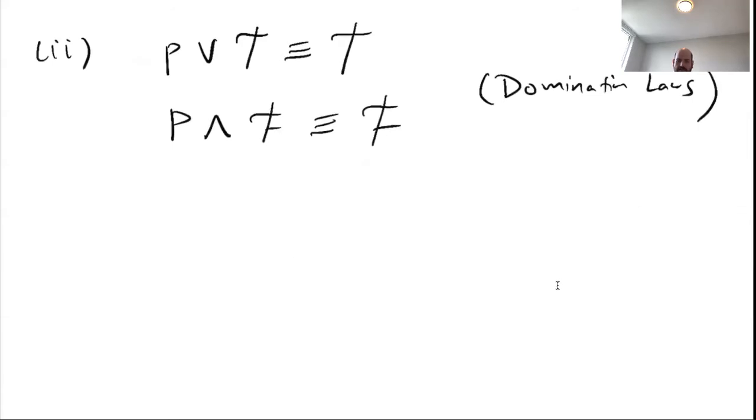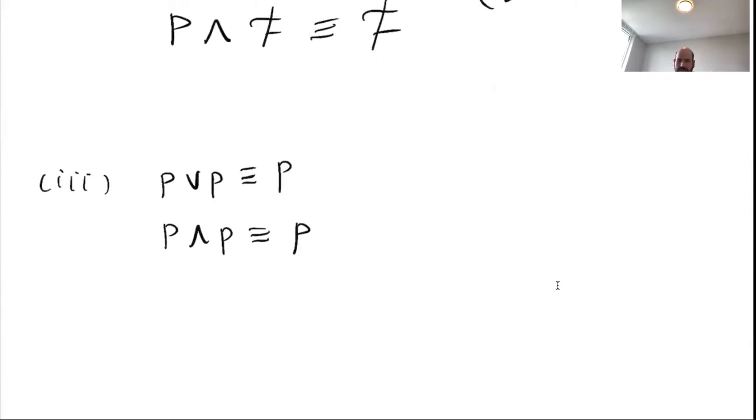And there are others; the list is rather long. I don't want to list all of them. You can take a look at them yourself. But let me list a few more maybe. P disjunction P is P, P conjunction P is P.